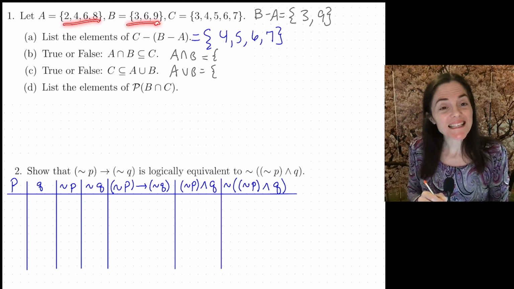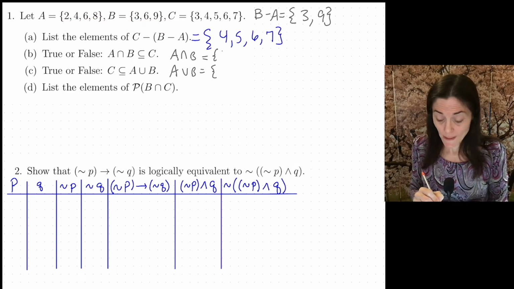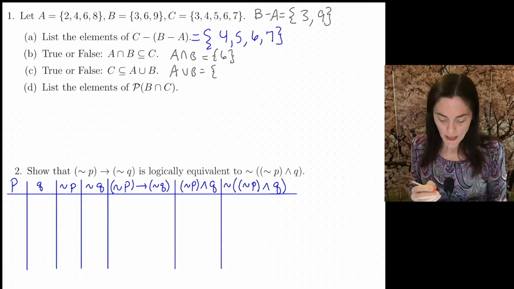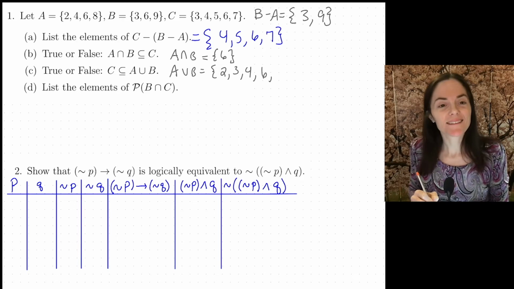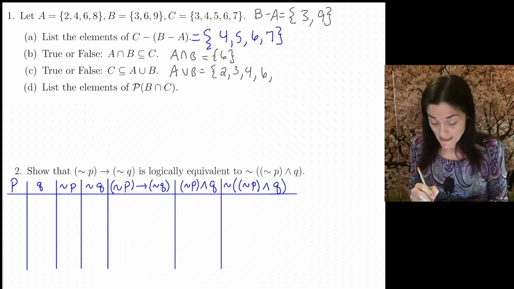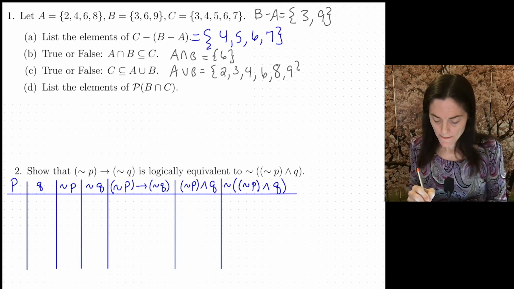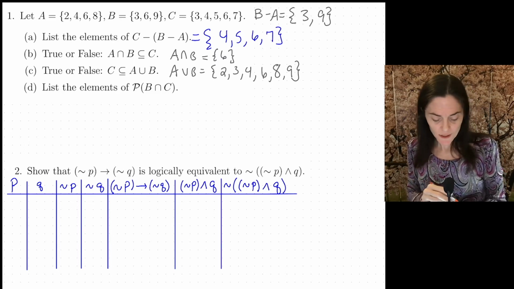Well, this is just 6, the only element that is common to both. And A union B, well, I have 2, 3, 4, I have 6, I have 8 and 9. We can make sure: 2, 3, 4, 6, 8, 9.